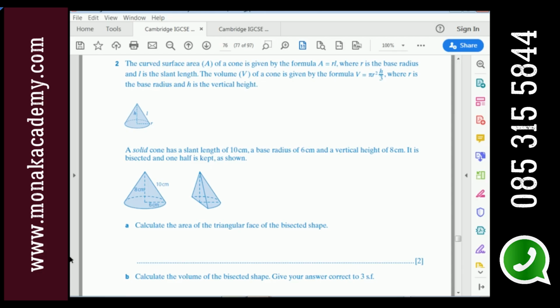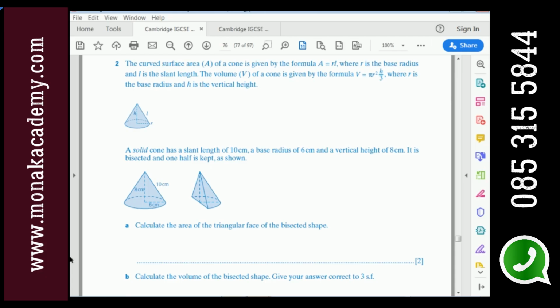A solid cone has a slant length of 10, base radius of 6, and vertical height of 8. It is bisected and one half is kept as shown. Calculate the area of the triangular face of the bisected shape.